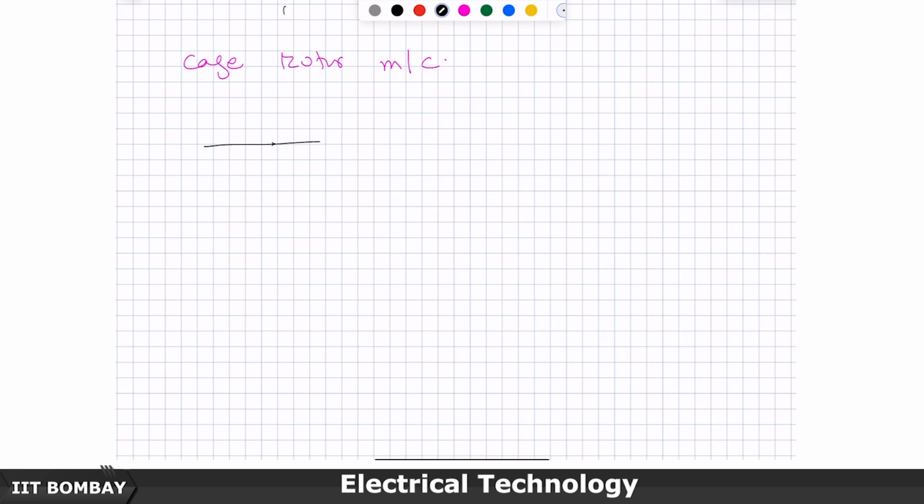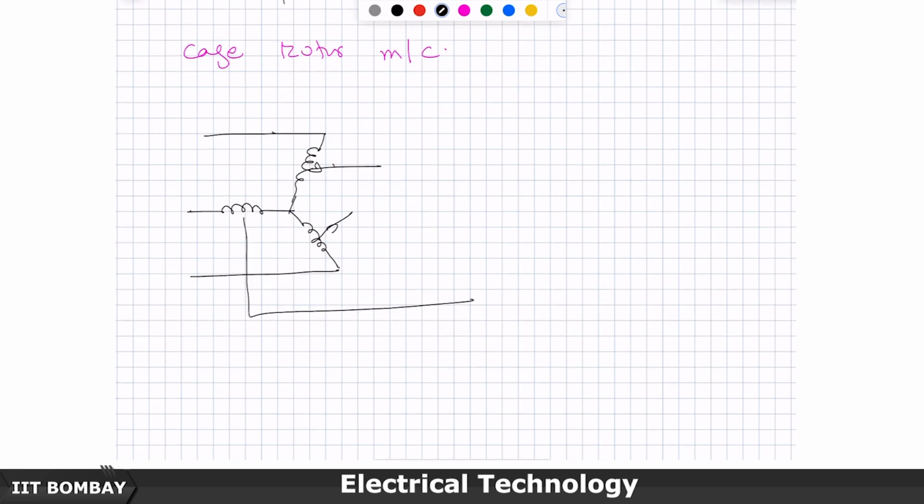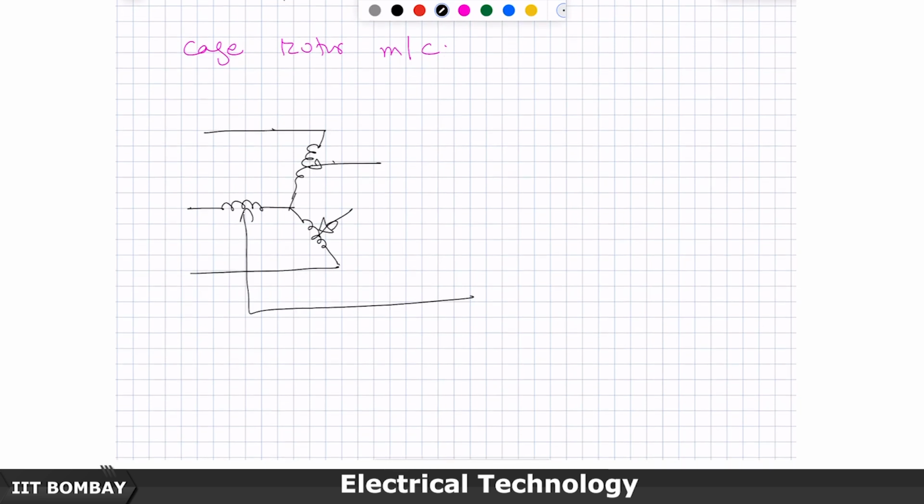So, I can have a starter which is basically an auto transformer, and let us say I tap it at 50% value here, and then I have this going to the 3 windings.